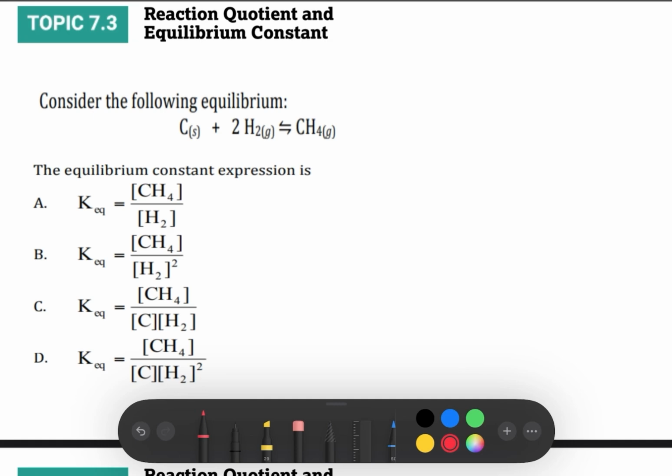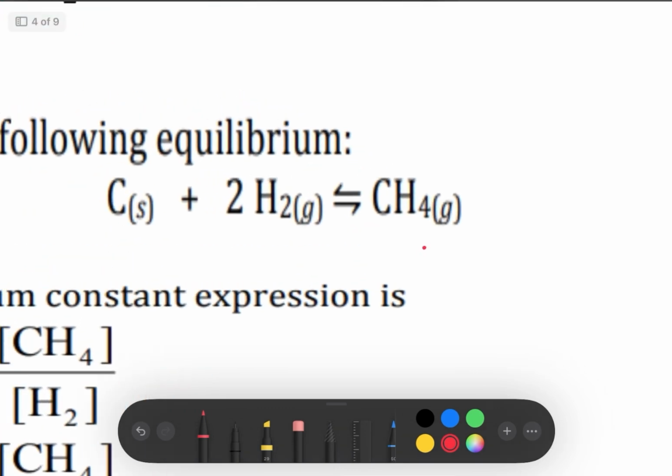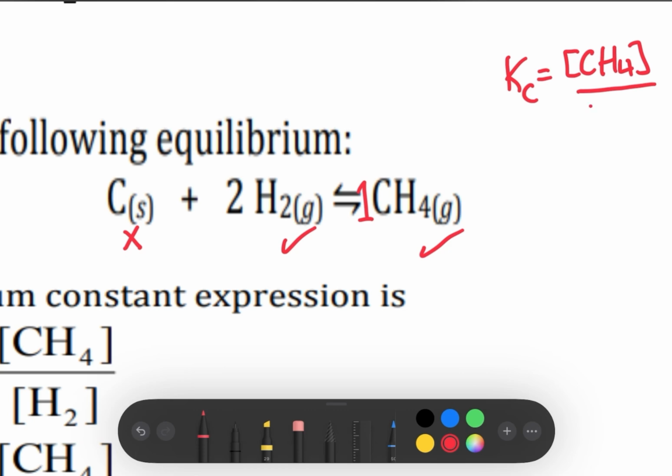The question says, consider the following equilibrium. The equilibrium constant expression is, okay, you have to check the states first. It's acceptable, acceptable, it's not acceptable. Then the value of Kc is equal to, you have a product CH4, multiplied by coefficient 1, raised to the power 1 over the concentration of H2 raised to the power 2.